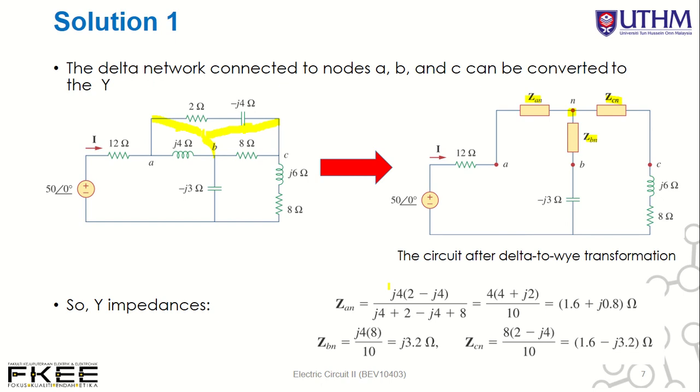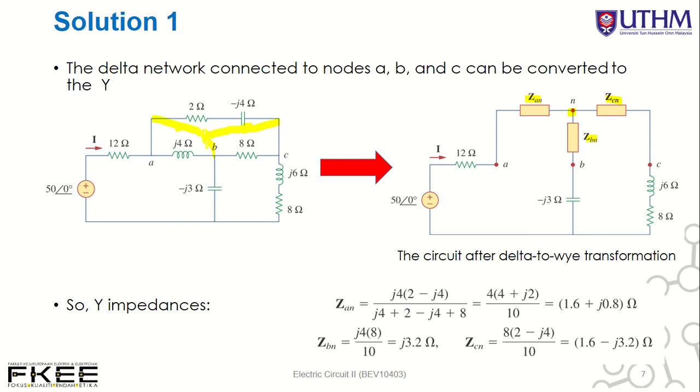Okay, ZAN equal to yang sebelah dia darab bahagi dengan total. Okay, sebelah dia J4 times 2 minus J4 divided by total. Okay, let's say this one Z1, Z2, and Z3. Okay, ZAN. ZBN from B to this common point.